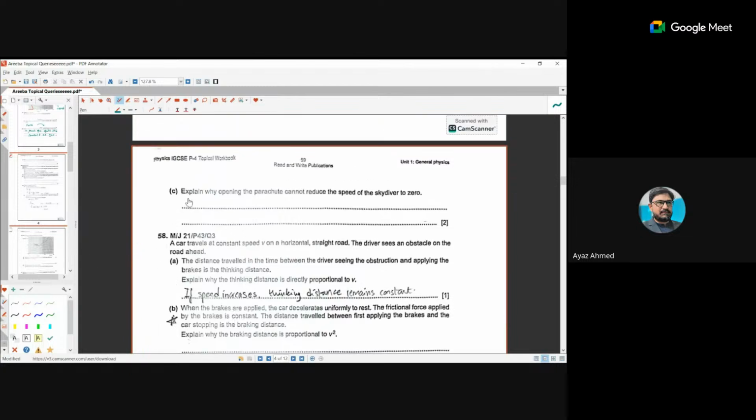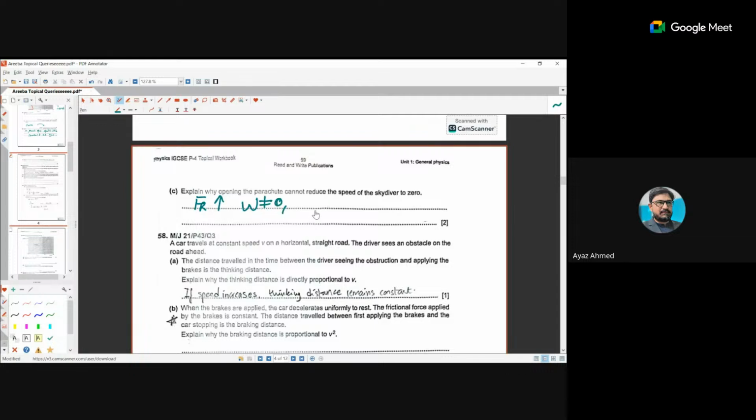That's why. Okay, explain how opening the parachute cannot reduce the speed of the skydiver to 0. So I told you about that. Once the parachute is open, the resistive force increases, but there is a weight force which is not equal to 0.